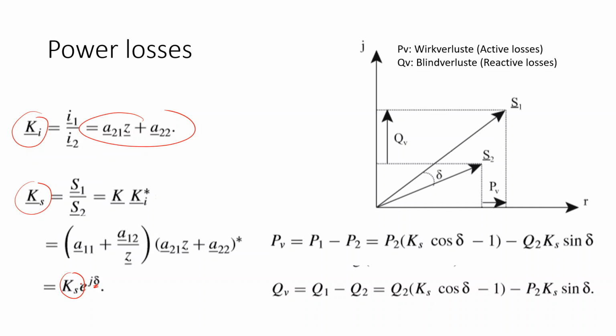So mathematically you can see that S1 is Ks times S2. So knowing S2, you could compute S1. This is the idea why we use a two-port network, right?